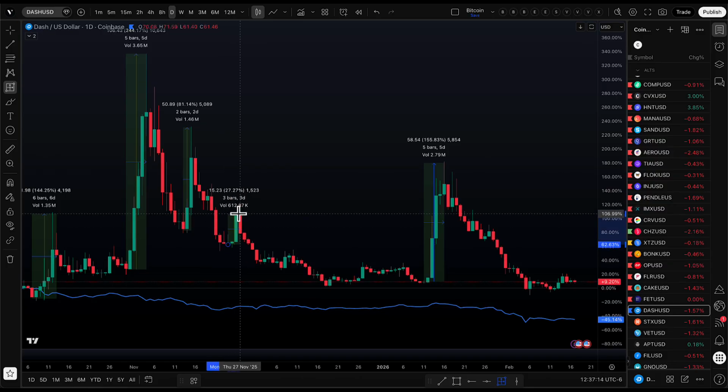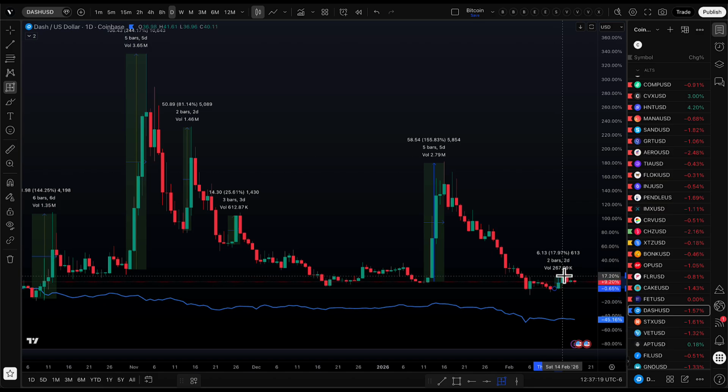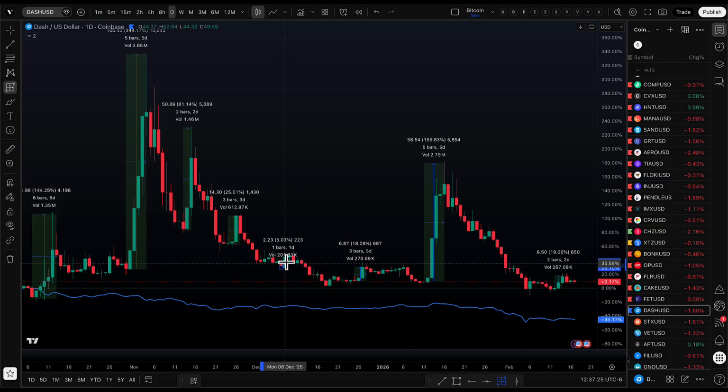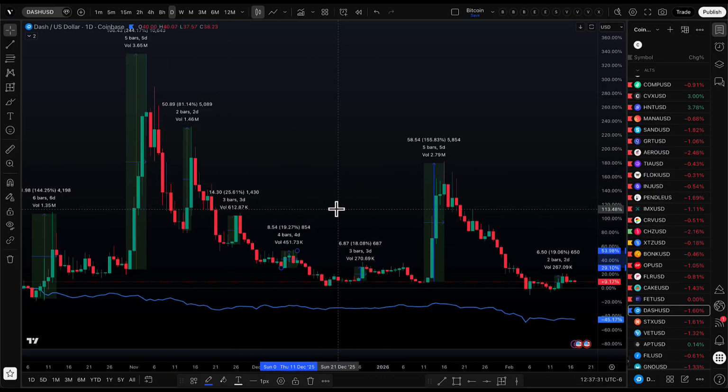A smaller little rally of doing 25% there. Even just recently, we've done 19% over 2 days. And then over here, we've done 20%. And then once again, probably another 20% or so, give or take. You get the point. Look at all these incredible opportunities. And not only do you see more opportunities, you see much stronger opportunities.